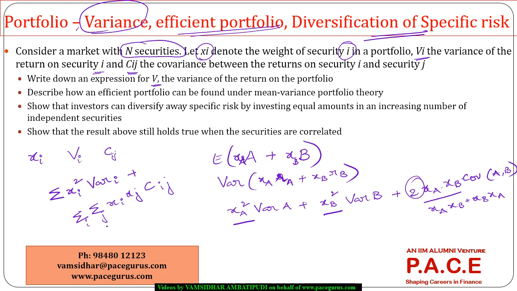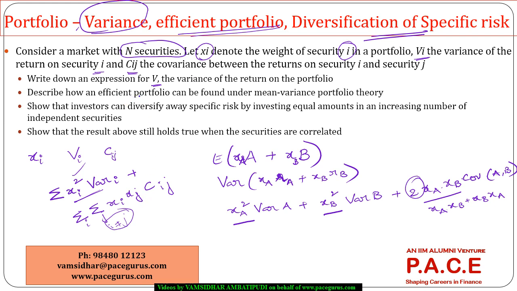Here, when taking all i and j, they are not equal, because when they are equal it becomes xi squared, and the covariance also becomes variance. So I don't need to consider the scenario when they are equal. That is what translates into this. So the variance of the portfolio comes out like this.